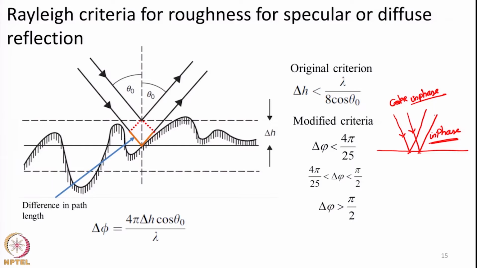Let us say there is a rough surface. 1 beam of radiation is coming here, 1 beam of radiation is coming here. Just because of the presence of this roughness, now they will be reflected in different directions. This may go off like this, this may go off like this, first thing.